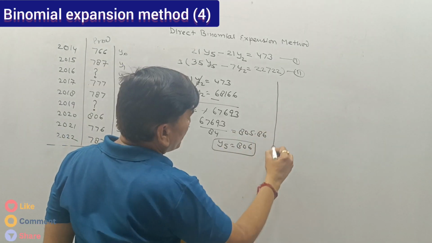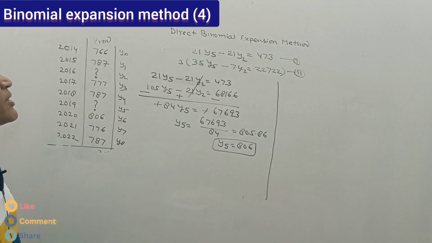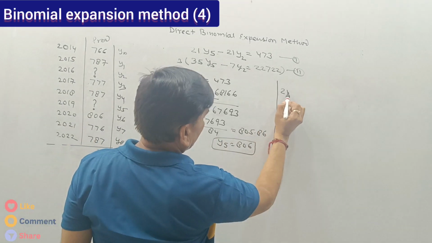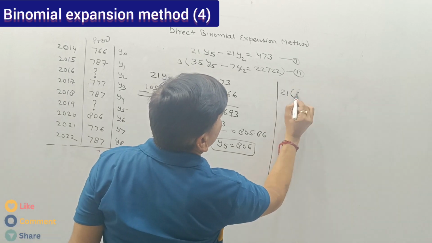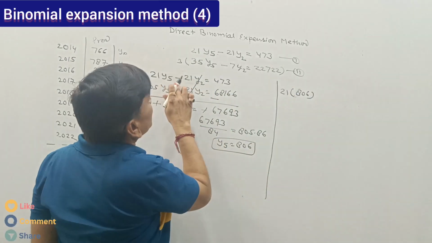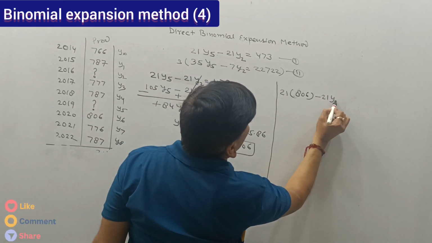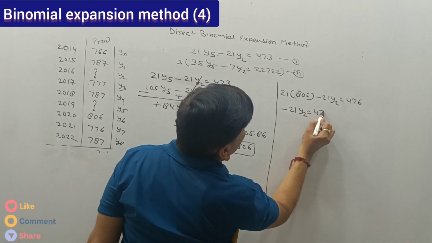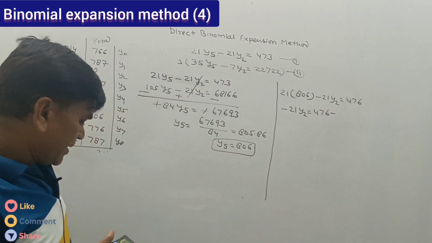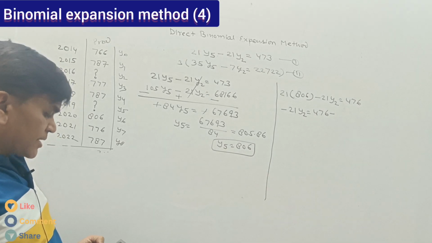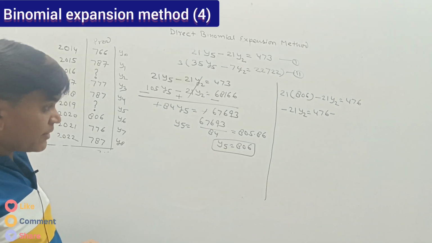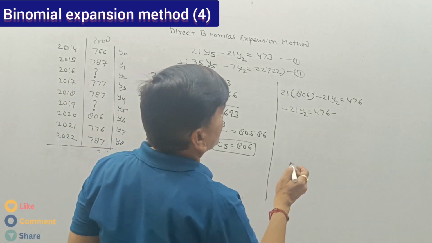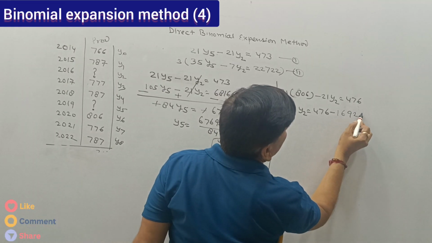By putting the value of y5 in equation 1 or 2, we can calculate the second value. That is 21 multiply by 806, putting the value of y5, minus 21y2, that is 476. So minus 21y2, that is 476, minus 806 multiply by 21, 16926.